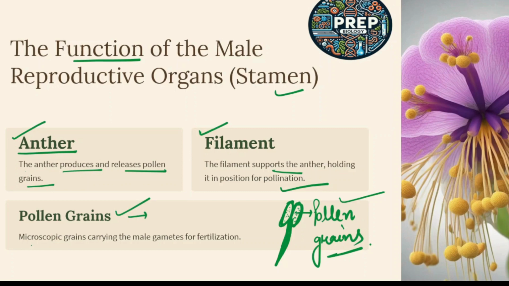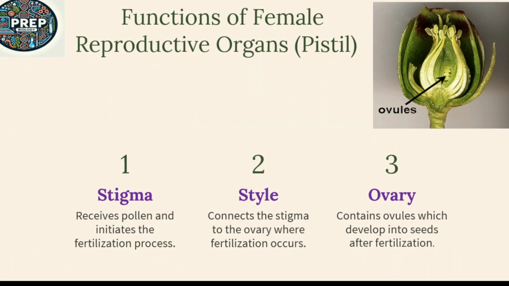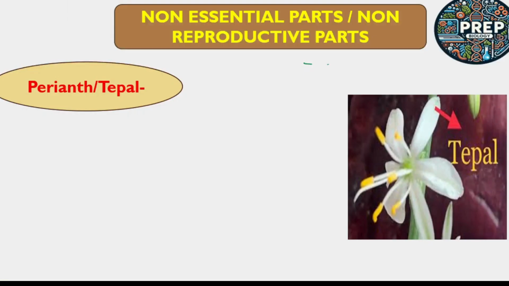These are small, microscopic grains carrying the male gametes for fertilization. So the anther contains multiple pollen grains, the tiny microscopic grains carrying the male gametes for fertilization.